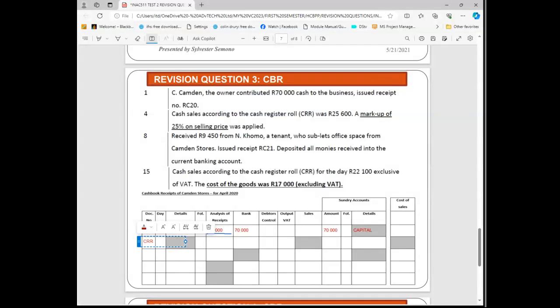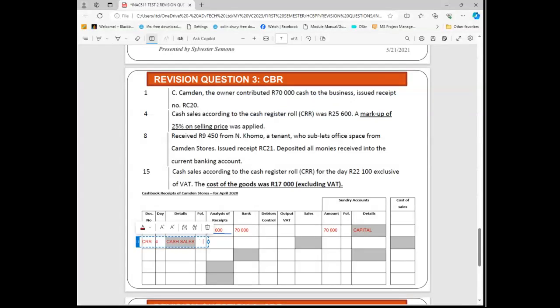It was on the 4th. Would it say cash? Not only cash, you must say cash sales. If you say cash only, they won't give you marks. Write cash sales or just sales, but don't write cash only.